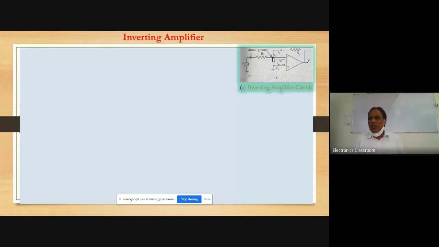What is the concept of the virtual ground point? The concept of the virtual ground point is that it has 0 volt potential, but it does not draw a current. We can try to understand the difference between the ordinary ground and the virtual ground.